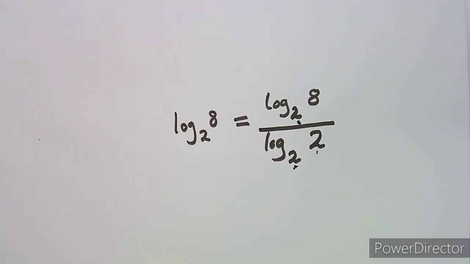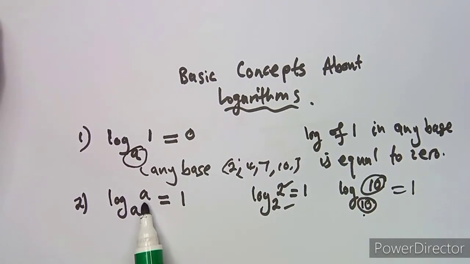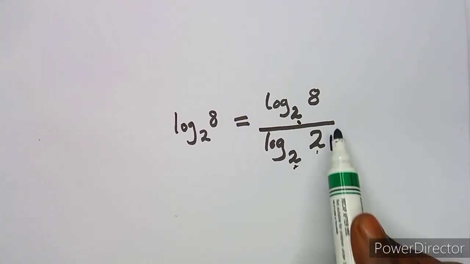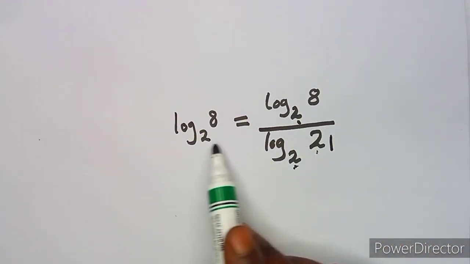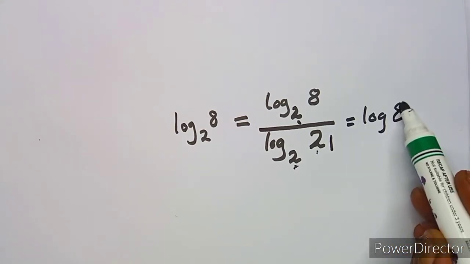So what am I trying to say? Let me take you back here. Remember what we said here. Logarithm of a in base a gives us a 1. So this is the same thing as just a 1. So you are going to see that this is just going to remain back to log 8 base 2.